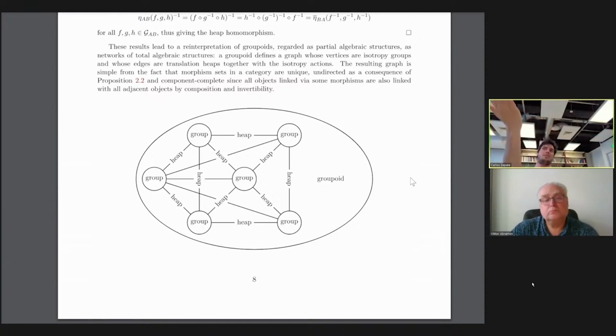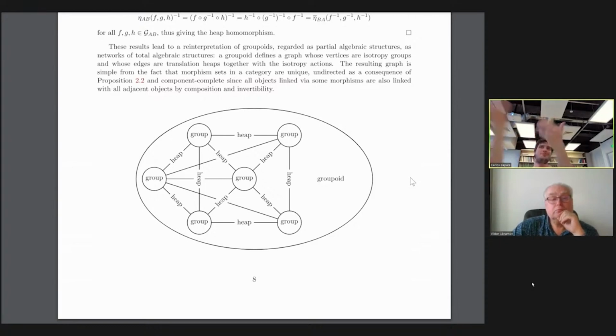The observation that I made in this paper is that if, instead of considering the arrows from an object to itself, you consider the arrows from an object to a different object, the structure that you get in the space of arrows is that of a heap. In the same way that you get a group in the arrow set of an object, you get a heap in the arrow set between two distinct objects.